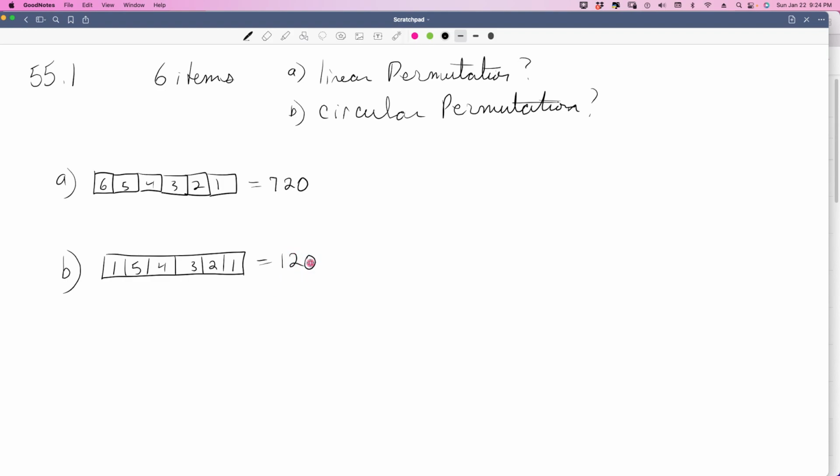So you can see there are far fewer circular permutations than linear permutations because the spacing has a break. And so that order doesn't loop back on itself and get reconnected. And that affects how that first one works.